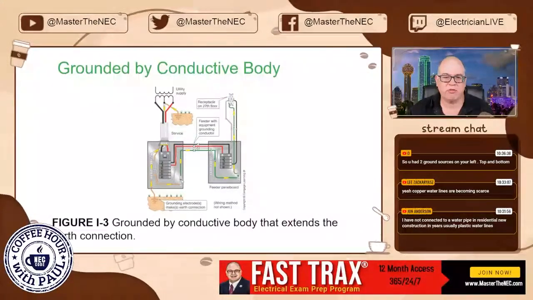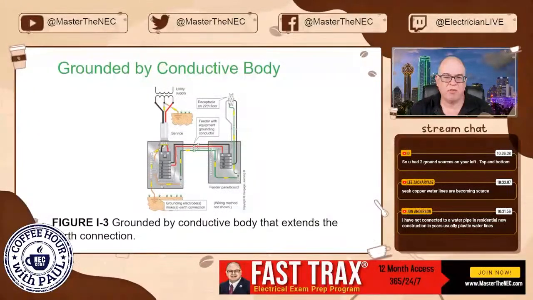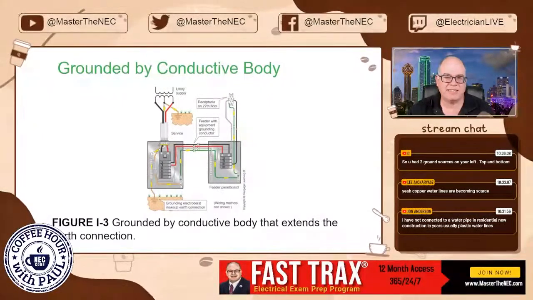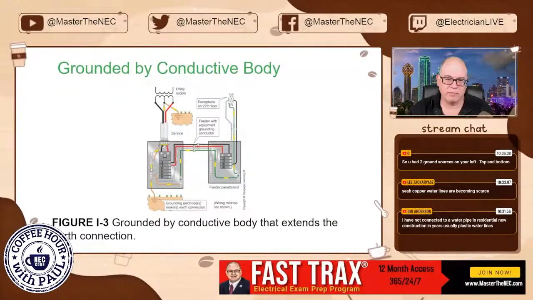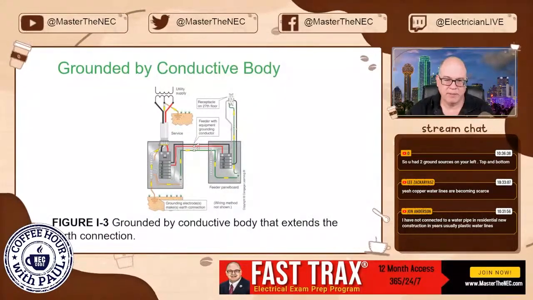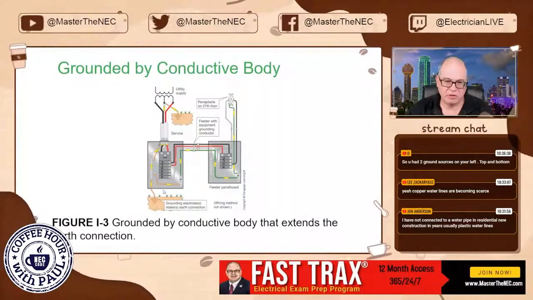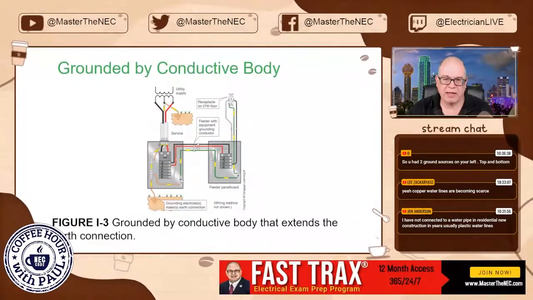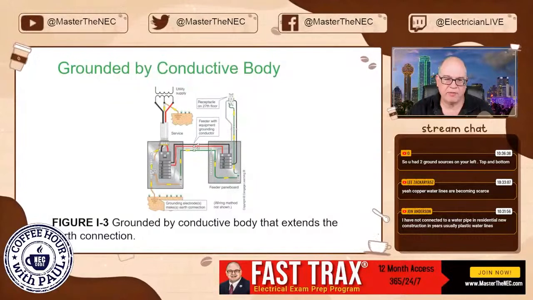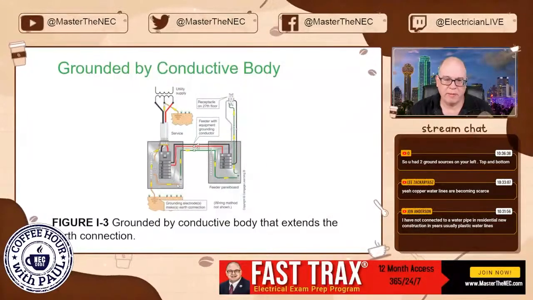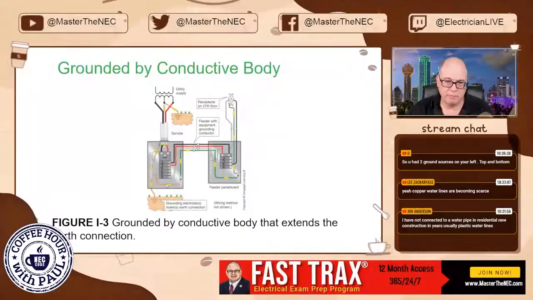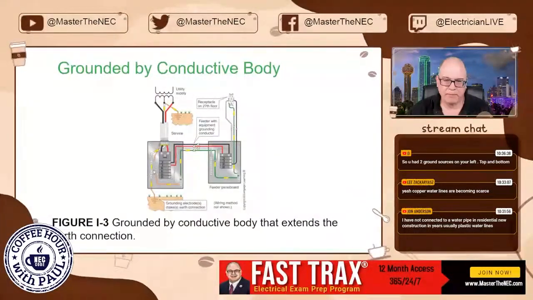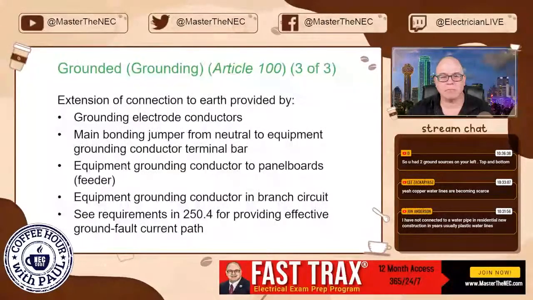This is also the green screw that's used, but this is also a main bonding jumper because it physically ties the equipment grounds to the actual grounded conductor. Okay? With me? So essentially, this is the one point to the cabinet, and this connects to this bus through this main bonding jumper, which is sized based on 250.102(C)(1), by the way. Okay? All right. Hopefully that answers that.